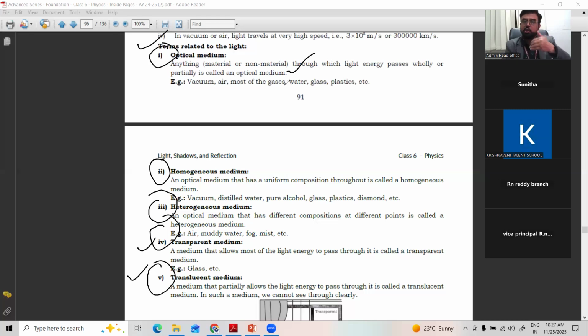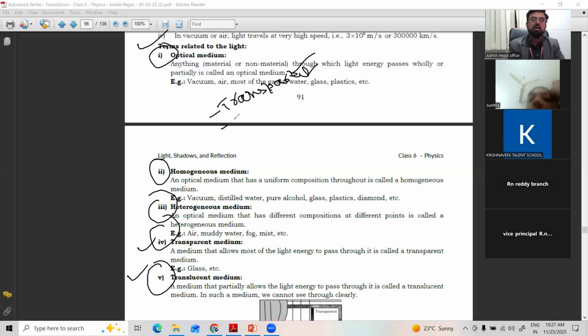Some objects allow the light to pass through them completely or partially. Some objects do not allow it to pass. Objects which allow light to pass through them wholly or partially are called optical mediums. Again, there are two types. Optical mediums can also be written as transparent medium or translucent.